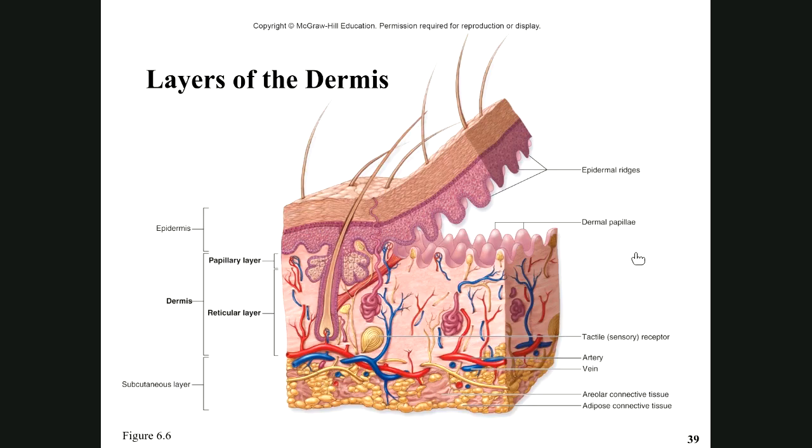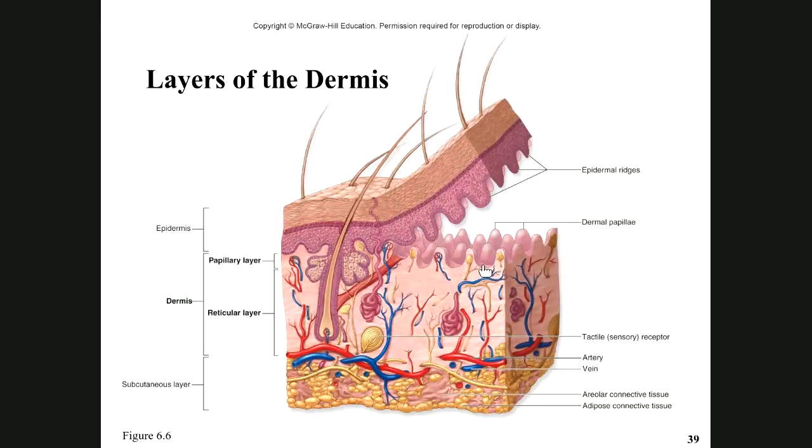Look here. The papillary layer is the superficial region of the dermis. It's located deep to the epidermis. Here we have areolar connective tissue, and we call it the papillary layer because we have some projections or papillae in this layer. These papillae come up as you see here.